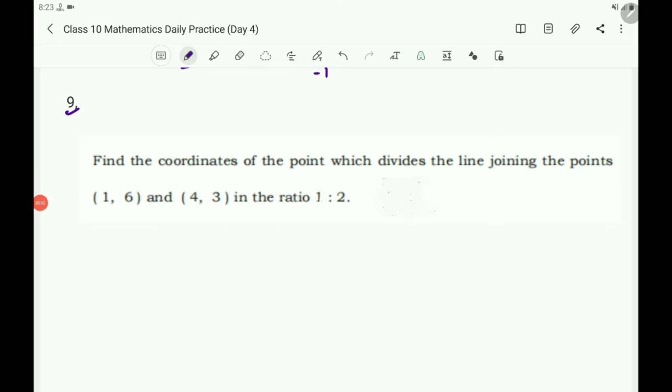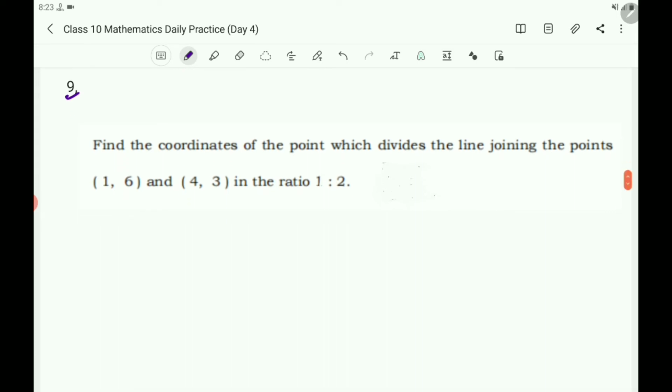Now the question number 9. Find the coordinates of the point which divides the line joining the points (1, 6) and (4, 3) in the ratio 1:2. So now let us consider the points are P of (1, 6) and Q of (4, 3). So you consider x1, y1, these are x2, y2, and the ratio is 1:2.